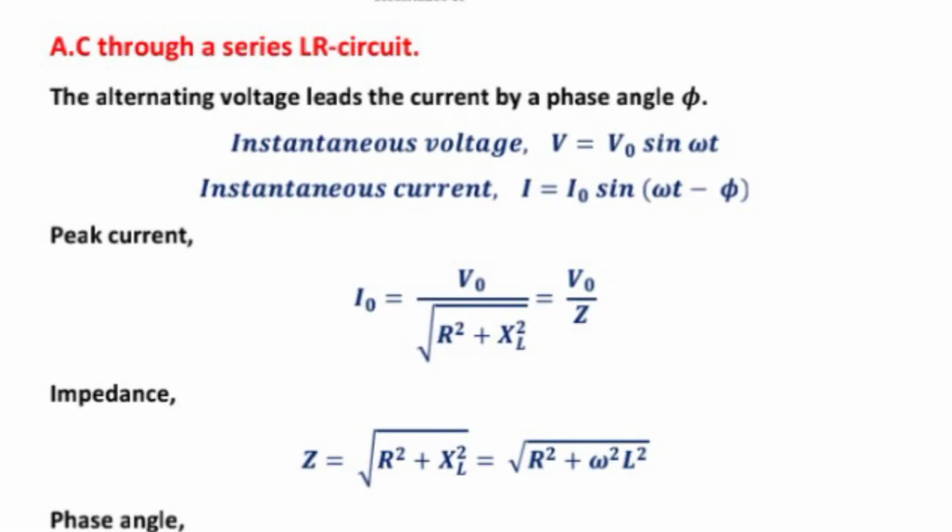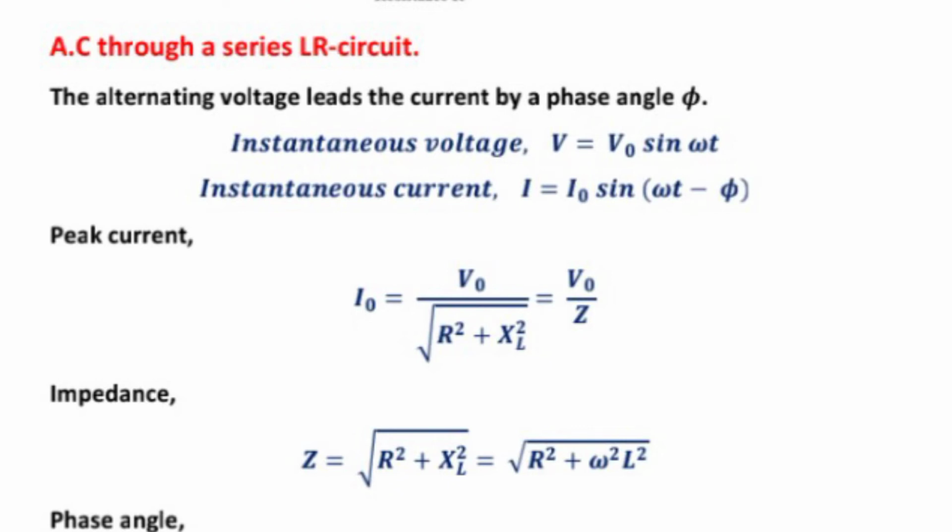AC through a series LR circuit. The alternating voltage leads the current by a phase angle phi. Instantaneous voltage V equal to V0 sin omega t, and instantaneous current I equal to I0 sin omega t minus phi.